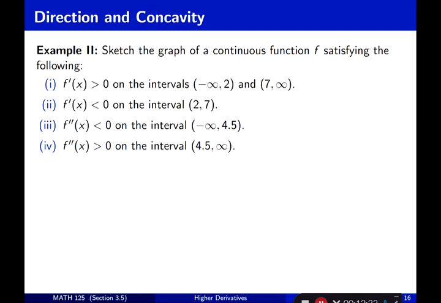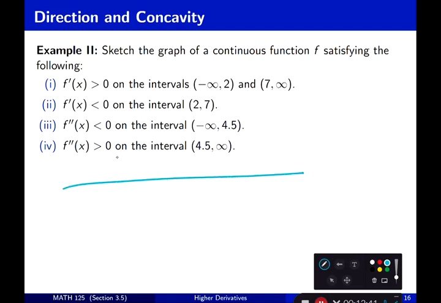So now it's time to put all the data that we have about the function together. The important points are 2 and 7 and 4.5. So what is happening in here is that we know that between negative infinity and 2, the function is increasing, and the concavity is downward, since f double prime less than 0 means downward.